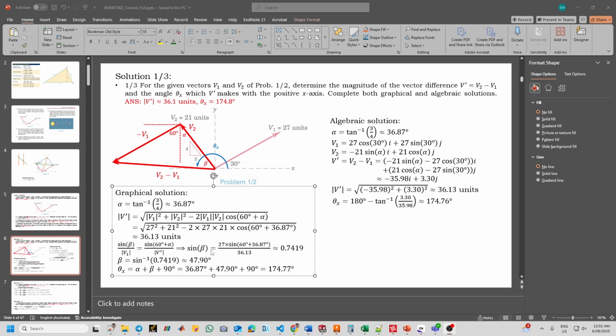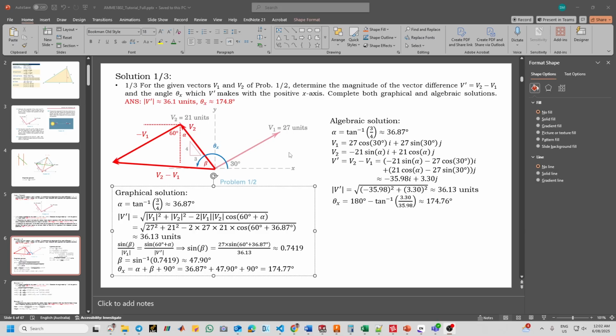By plugging into this formula we can find beta. Beta plus alpha plus 90 will be 174.77.